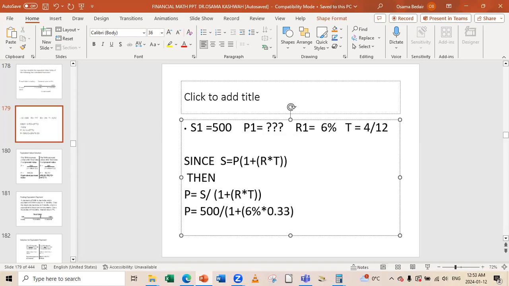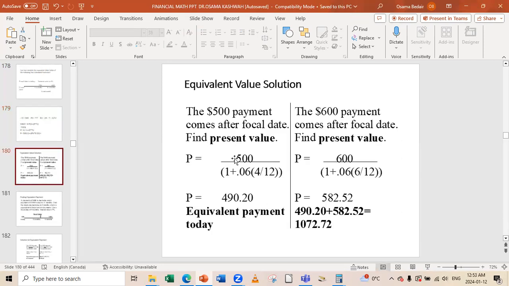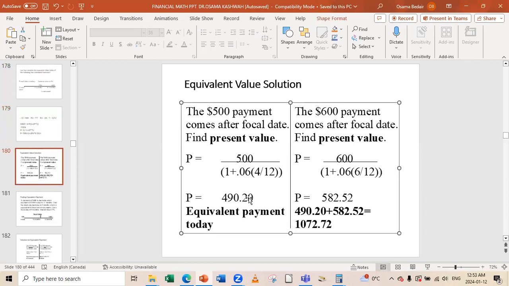So here that will equal all this amount. We need to put another bracket here as well. So this amount will equal $490.20.